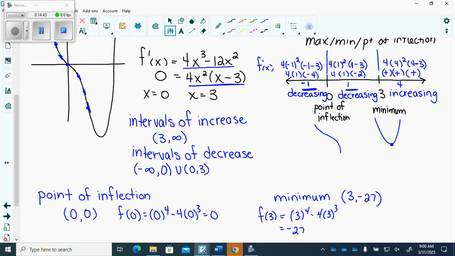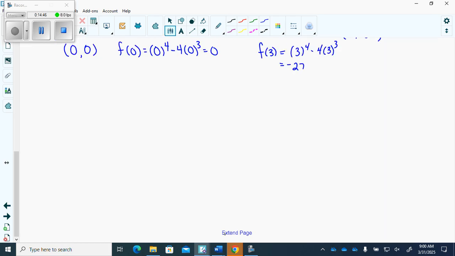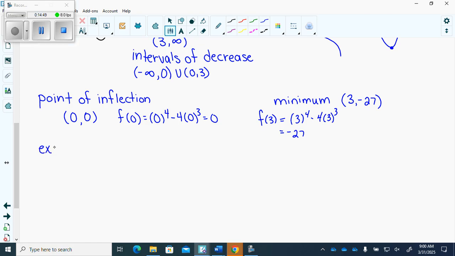Okay, let's try another. Example 2. So let's try 2x cubed minus 6x squared plus 6x minus 3.